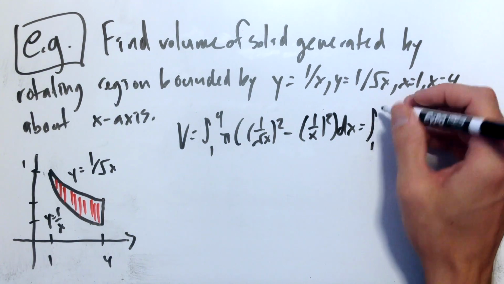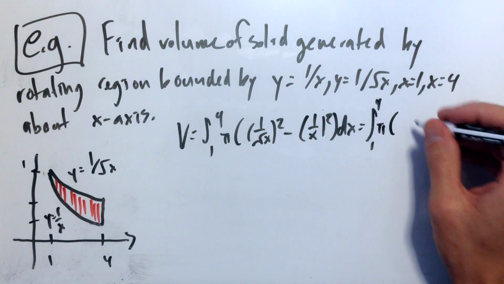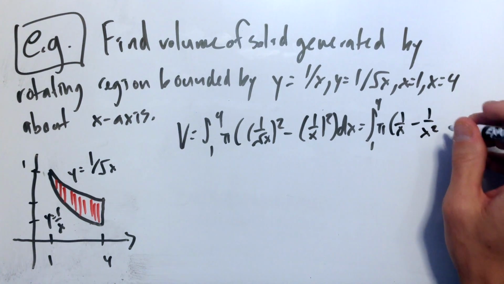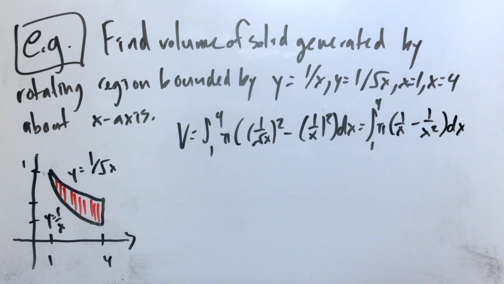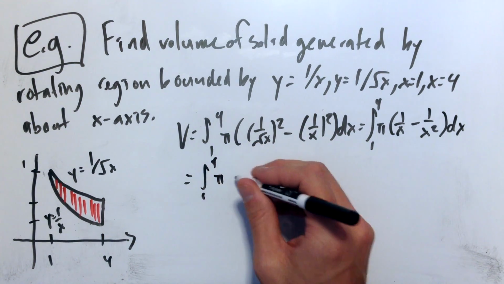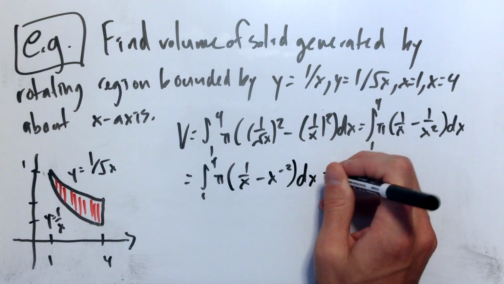And simplifying, we have the integral from 1 to 4 of pi times (1 over root x) squared, which is 1 over x, minus 1 over x squared. And let's even rewrite that second guy as x to the minus 2. Why?